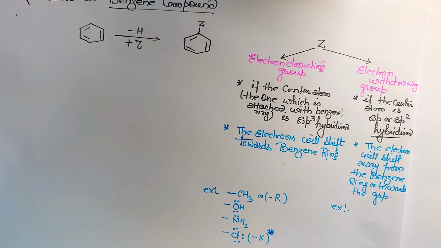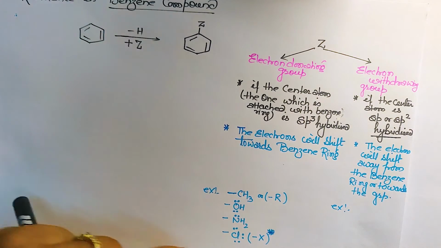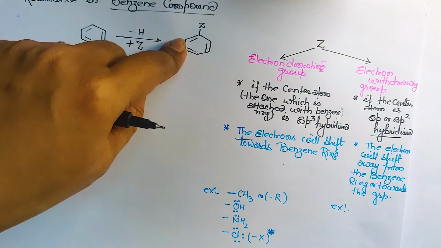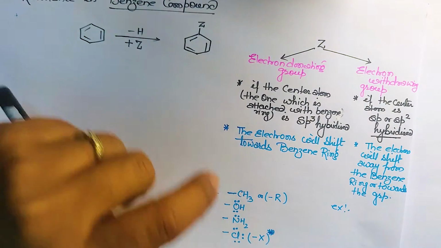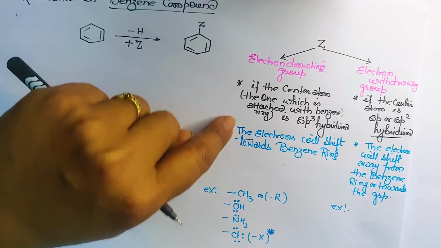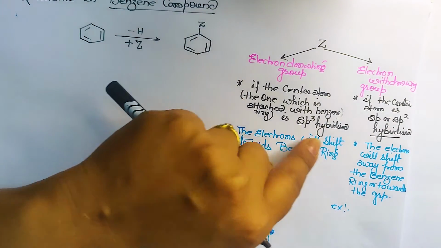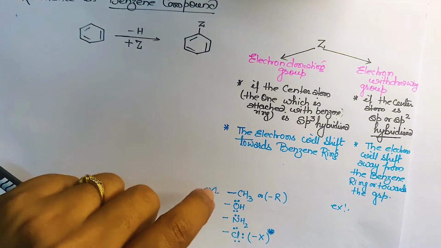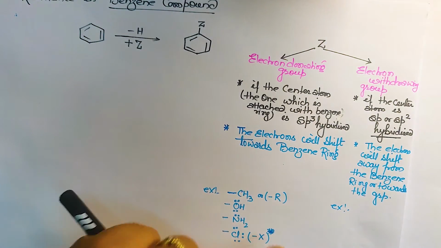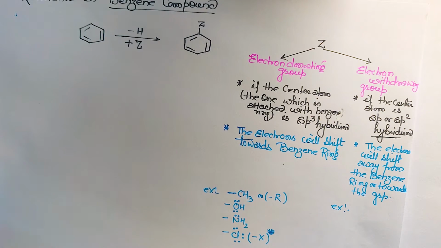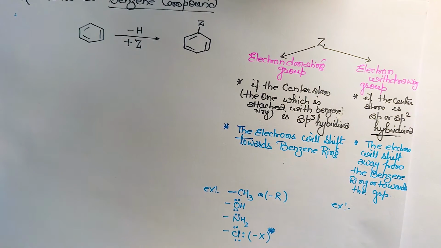It will withdraw the electrons towards itself. But when it is on the benzene ring, it works like this, like this part. The electrons will shift towards the benzene ring. So that's why I'm keeping it in this and marking the exceptional thing. We will discuss this in GOC. Don't worry about that. Okay.